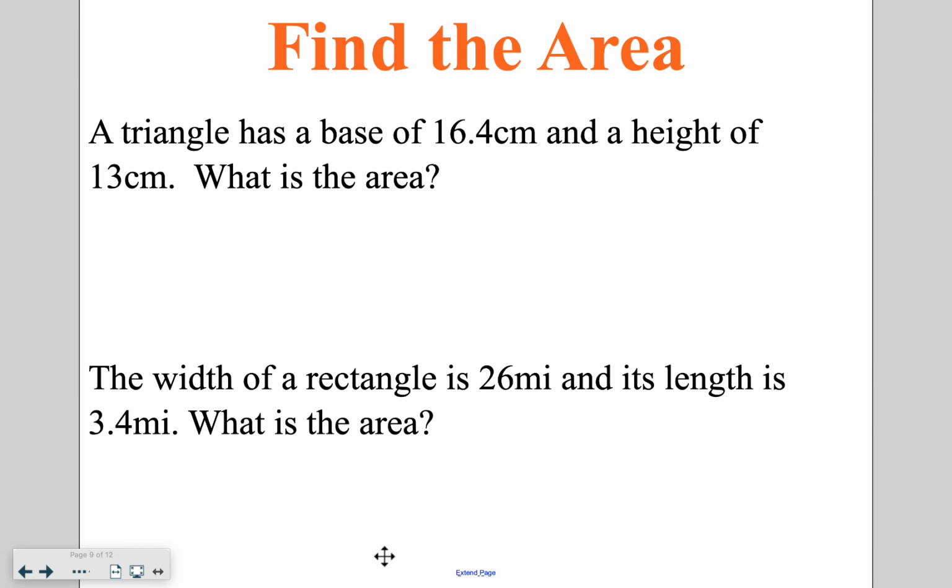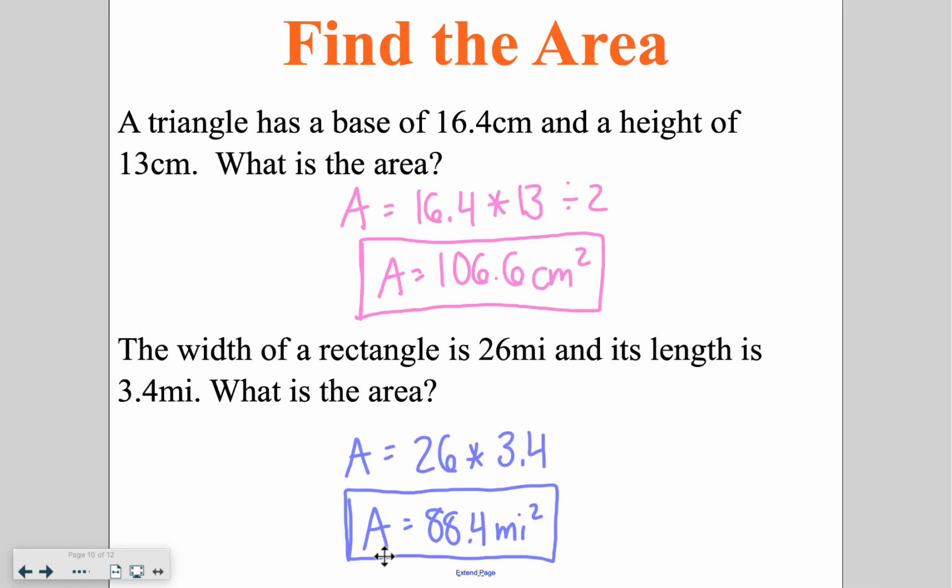Go ahead and try these two on your own. The area for the triangle is going to be 106.6 centimeters squared, and for the rectangle, 88.4 miles squared.